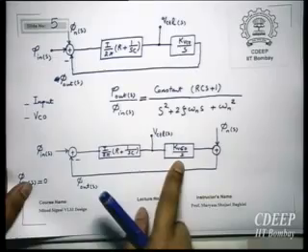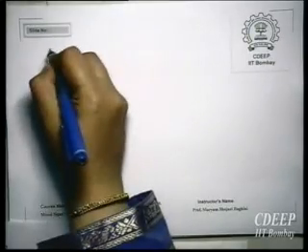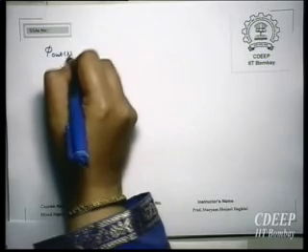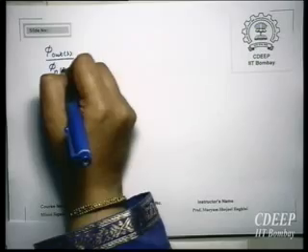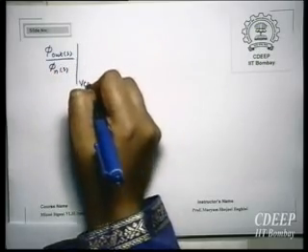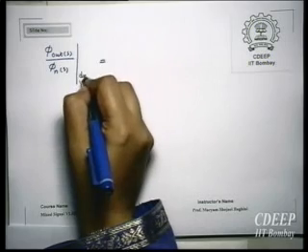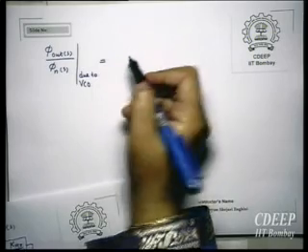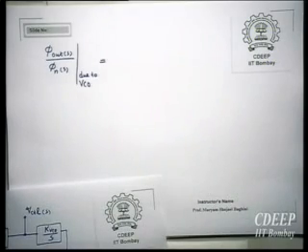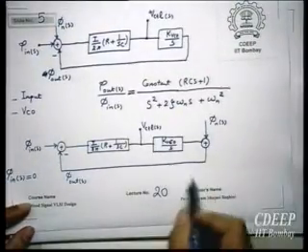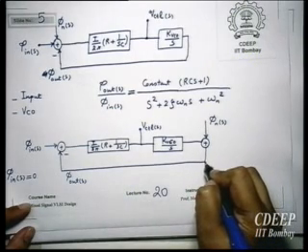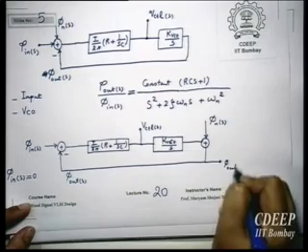Therefore, this is the loop gain. This is the noise due to the VCO, and this is the output.